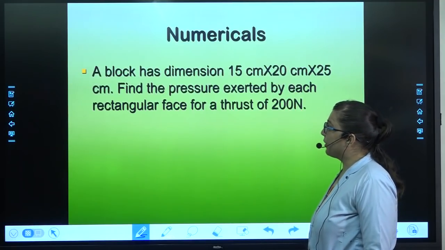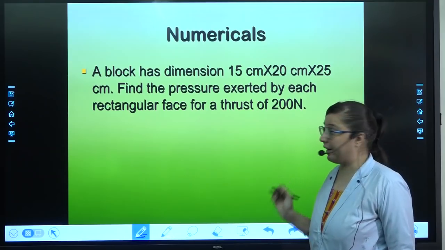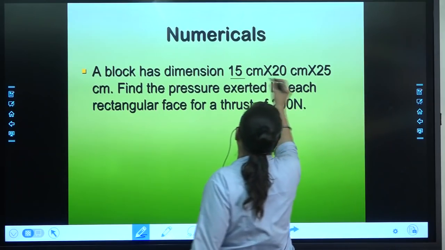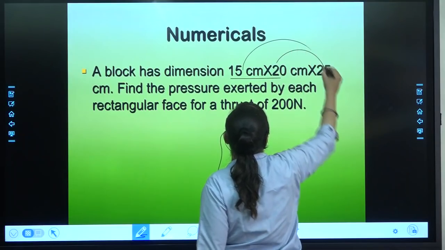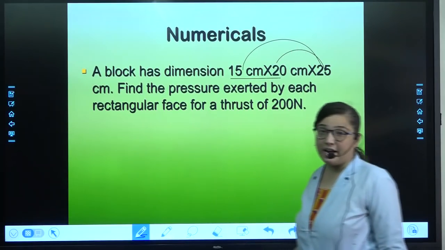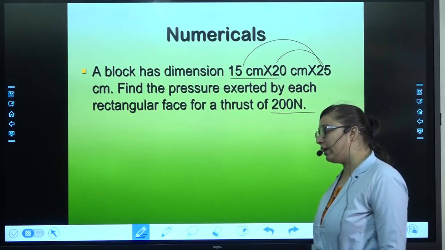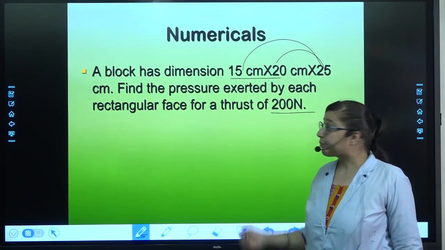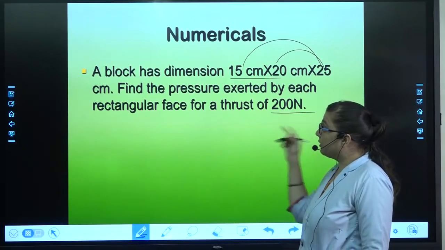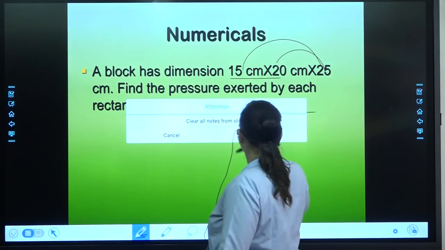Then in the next numerical we took 3 areas: the first as 15 into 20, then 20 into 25, and after that 15 into 25. With a fixed force of 200 Newton, on each individual area the pressure was found out.